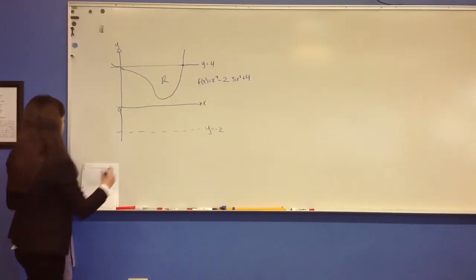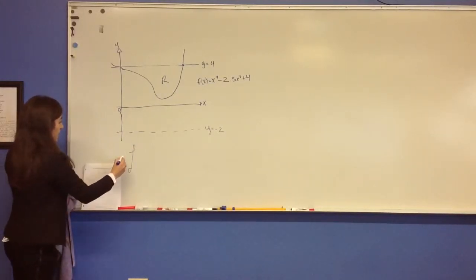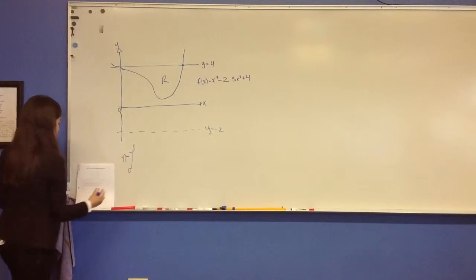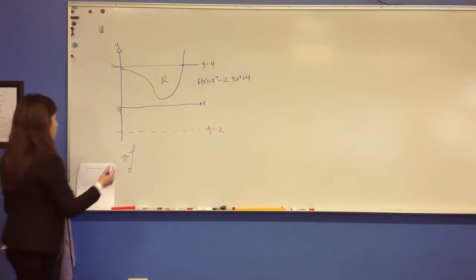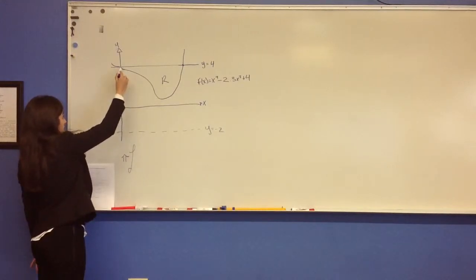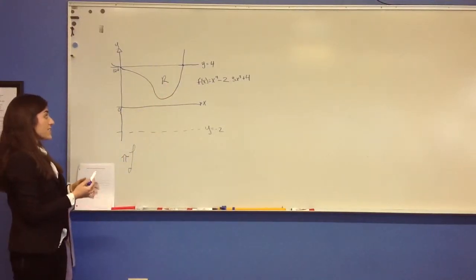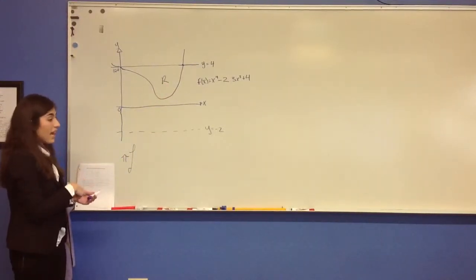You have to make sure that when you set up the integral, a lot of times what people forget for volume is putting pi here. So that's always what I put first. And then you have to find, since this is a calculator problem, we know that it crosses at 0, but we don't actually know what it crosses at here. So what I would do is I would set up the graph to begin with in my calculator.